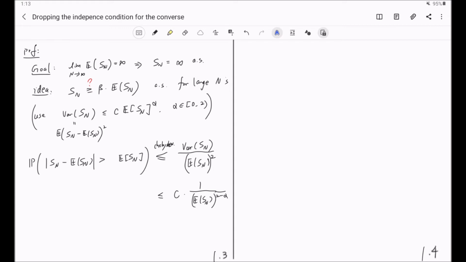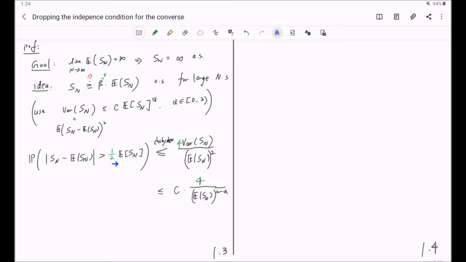And now let's see. We want to get this for some beta greater than 0. So we want for some beta greater than 0, this holds almost surely for large n's. So maybe it'll be enough to put the coefficient 1/2 in here.